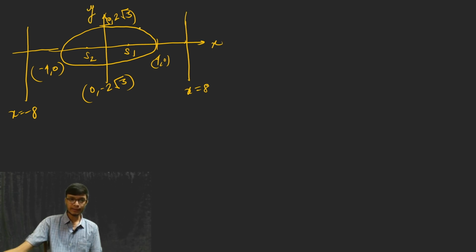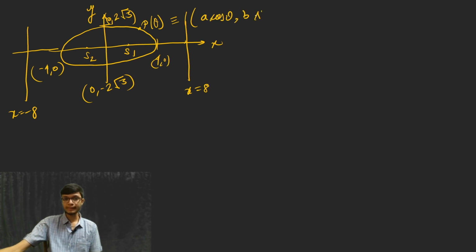Now it is said that at any point P, we know that the parametric representation of any point on an ellipse is given by theta, that is a cos theta comma b sin theta. So that's the parametric point on an ellipse.